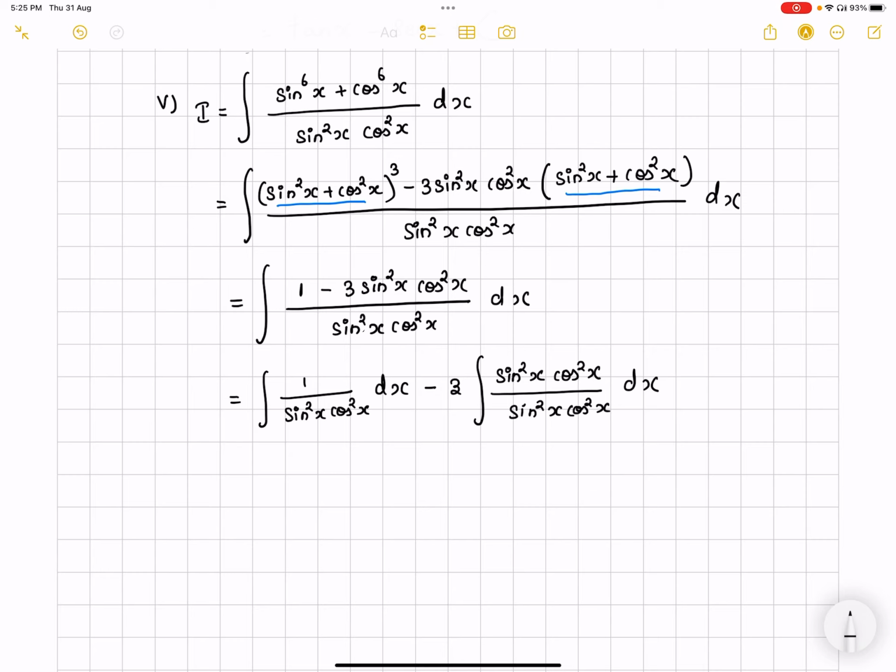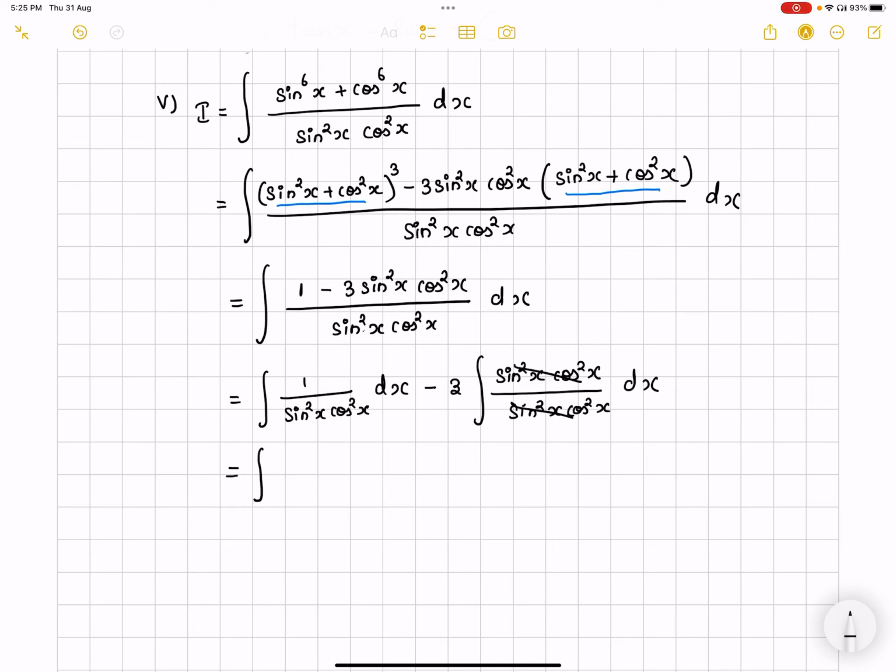Then now what would happen? These two would be getting cancelled, right? And then here I would be having integral. Now see here, I have 1 in the numerator. And the 1 by sine square is cosecant square and then secant square. The product of cosecant square, secant square, we don't have any integration formula here.